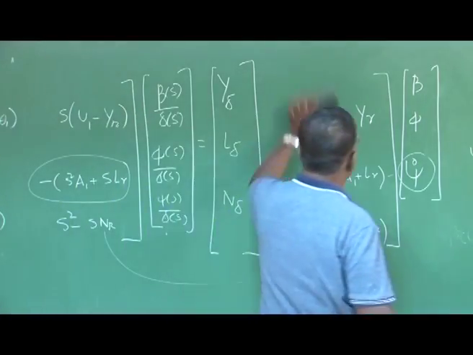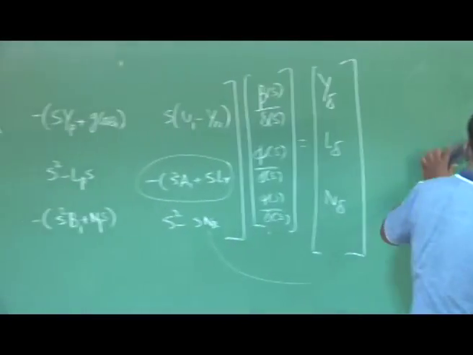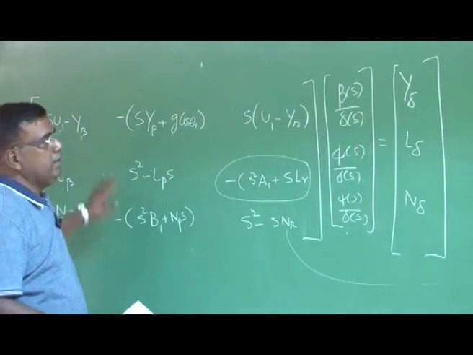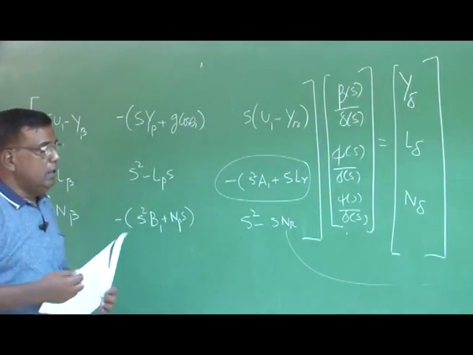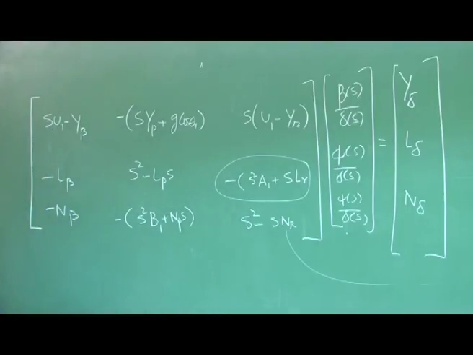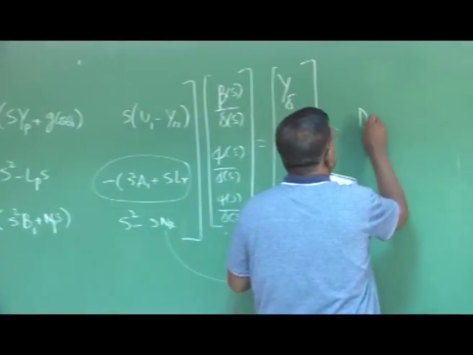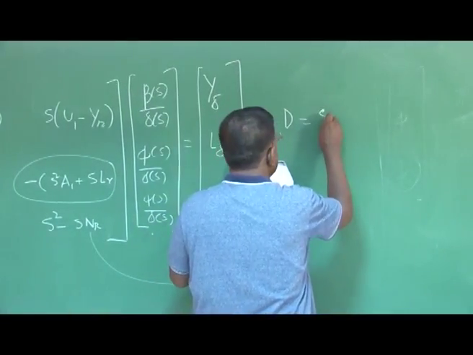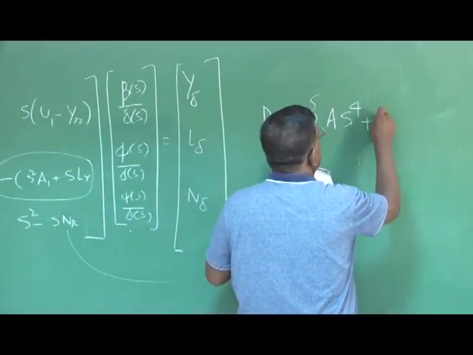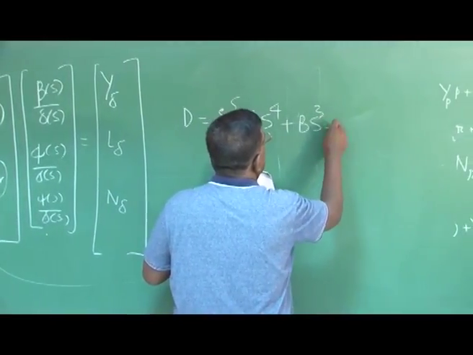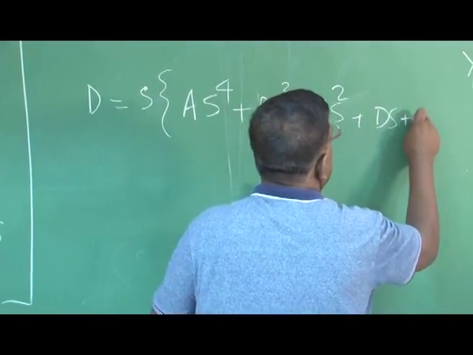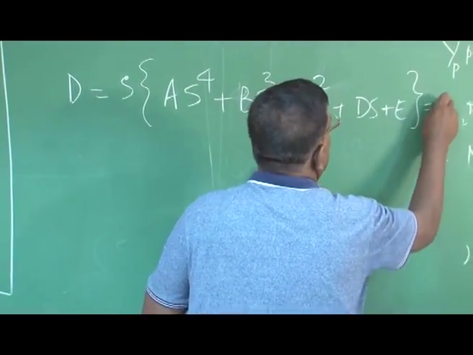So I thought I will explain this to you. Now, if I try to write the determinant of this matrix equal to 0 to get the characteristic equation, what I get is S into A S to the power 4 plus B S cube plus C S square plus D S plus E equal to 0.